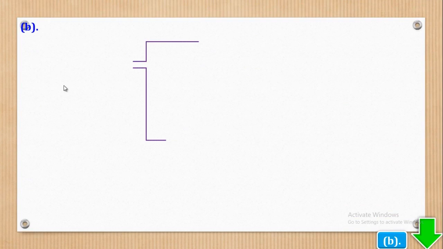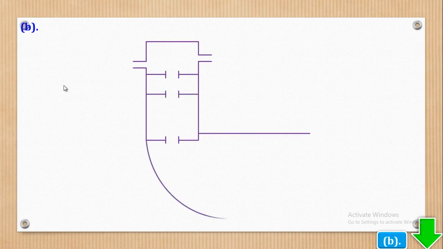So let's first draw the diagram. So this diagram is not complete, but we will complete it step by step as we go through this theory part. So let's first see line 1.